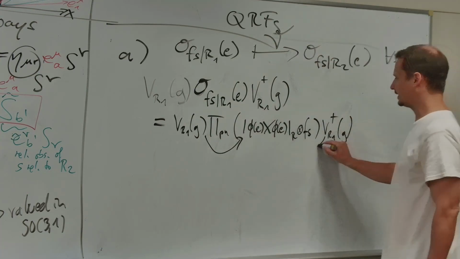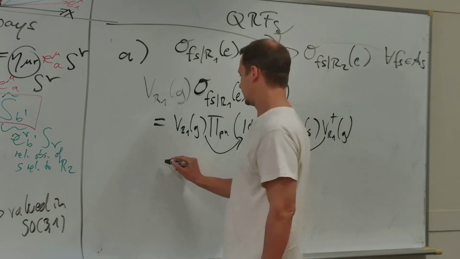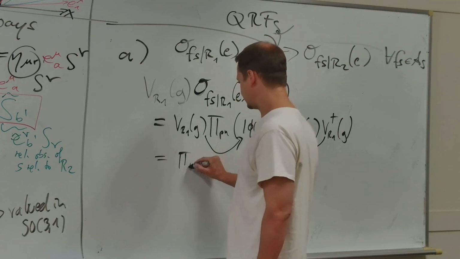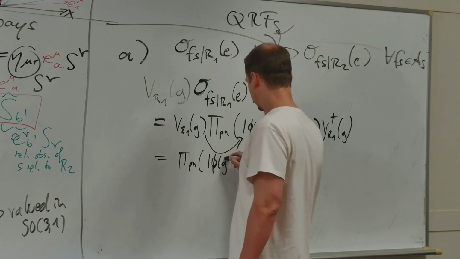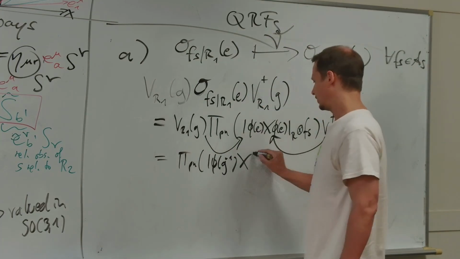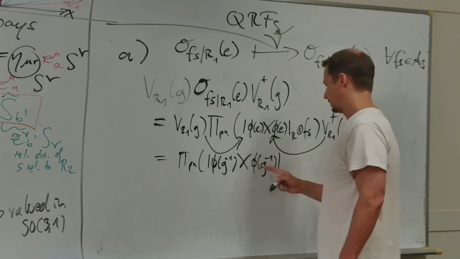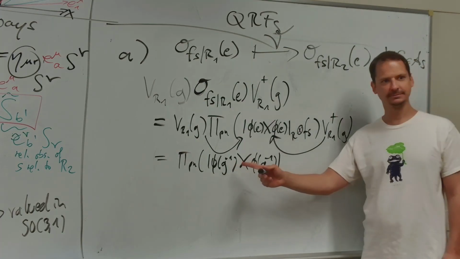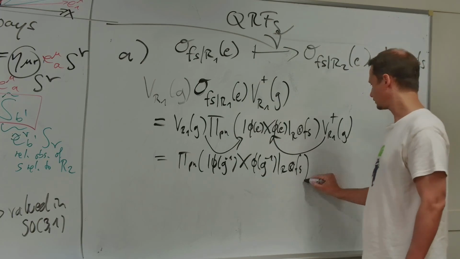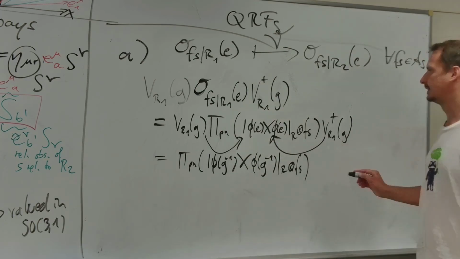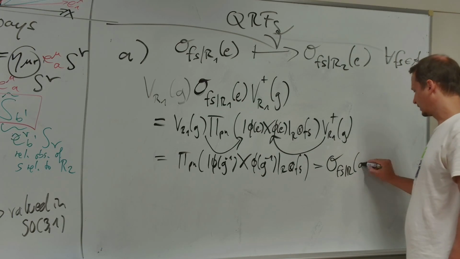And they only act on the frame orientation, right? So they don't do anything to the system. And so I can write this as Π_PN. If you recall how I had defined it by this action from the right, it'll translate to g inverse here. So that's what I will get afterwards. This is nothing else than F_S, R, g inverse now.